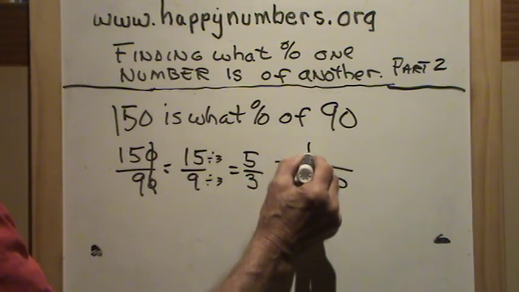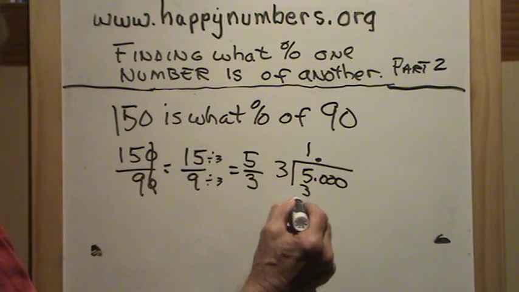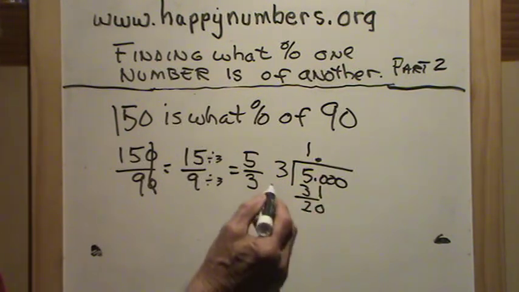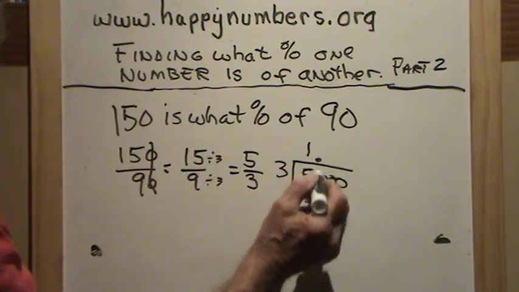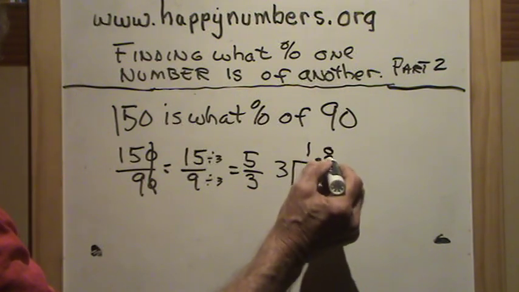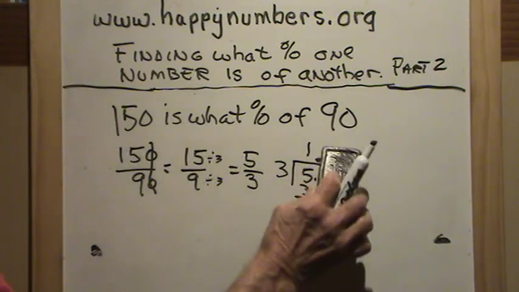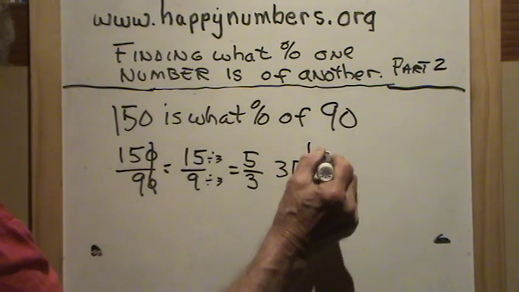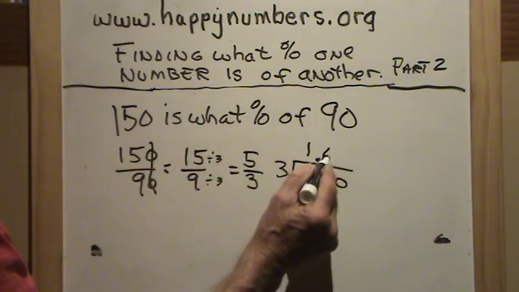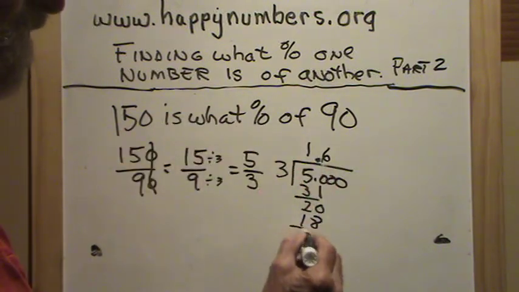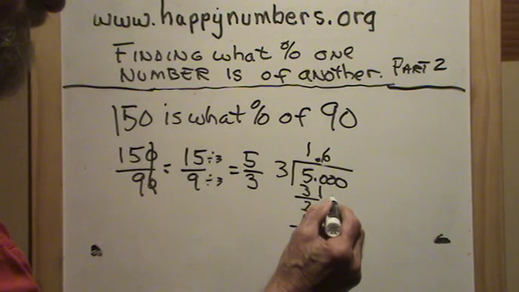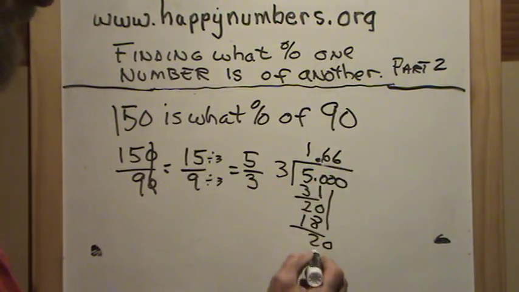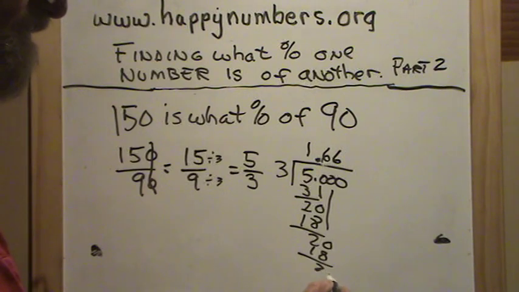3 will go into 5 one time. 1 times 3 is 3. And subtract, I get 2 and bring down a 0. 3 will go into 20 6 times. 6 times 3 is 18. Subtract, I get 2. Bring down a 0. 3 will go into 20 6 times. 18. 2.